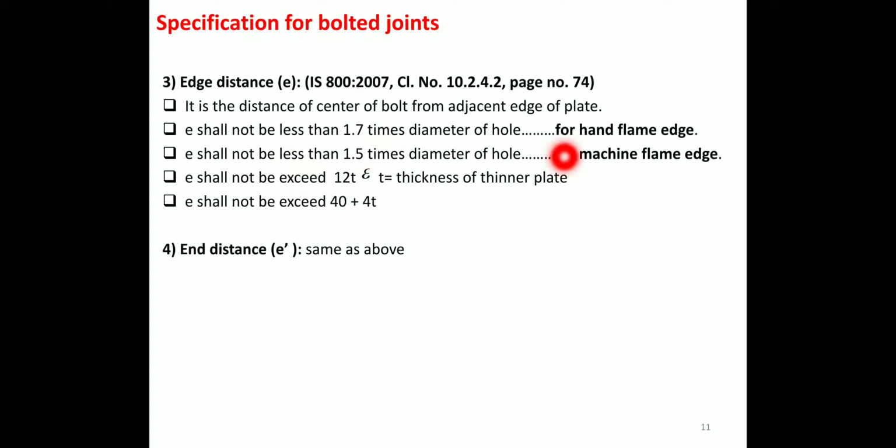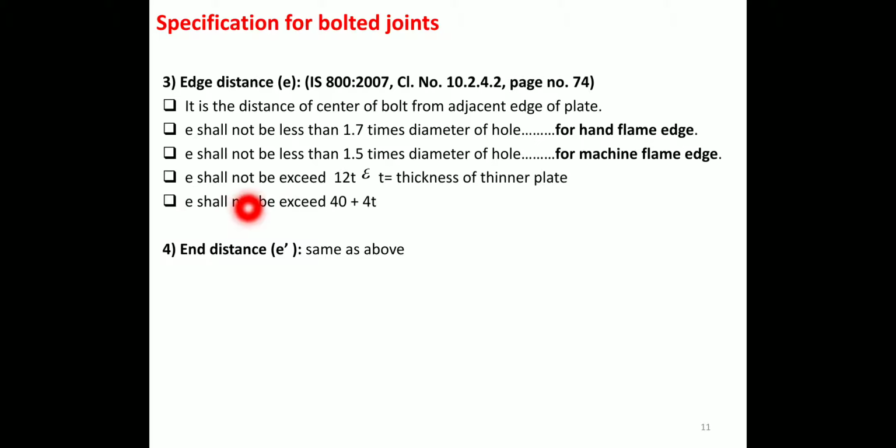If this is made by using a hand flame cut edge, E shall not be less than 1.7 times the diameter of hole, that is d0. Again, E shall not be less than 1.5 times the diameter of hole if it is made from a machine flame cut edge.